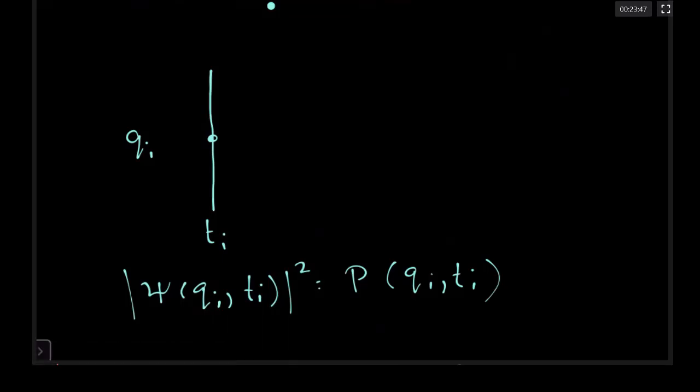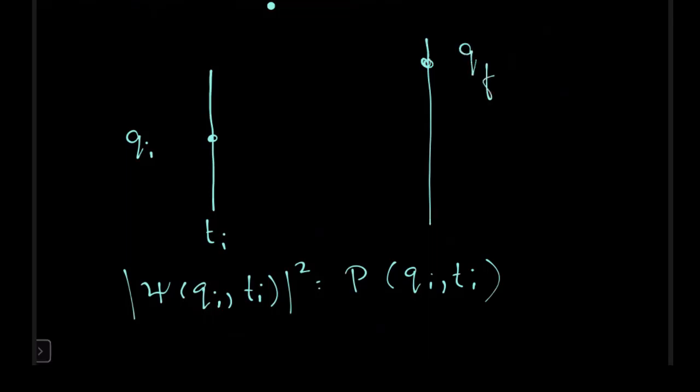Next, I said that we are trying to find the amplitude of the quantum particle at point qf and time tf. So it has not only evolved in time but also in space. It actually moved in space and time, just like a classical particle moves from one point to another in space and time, right?